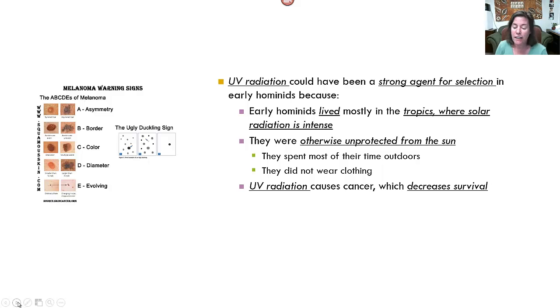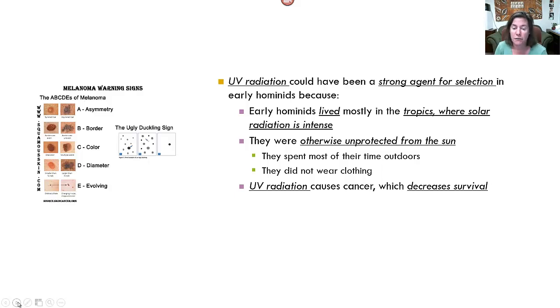In considering the potentially harmful effects of ultraviolet radiation from an evolutionary perspective, 3 points must be kept in mind. The first is that early hominids lived mostly in the tropics, where solar radiation is very intense. They were otherwise unprotected from the sun. They didn't have sunscreen. They spent most of their time outdoors, and they did not wear clothing.